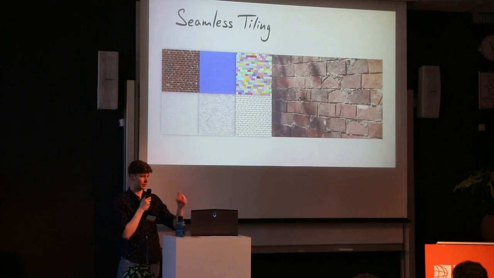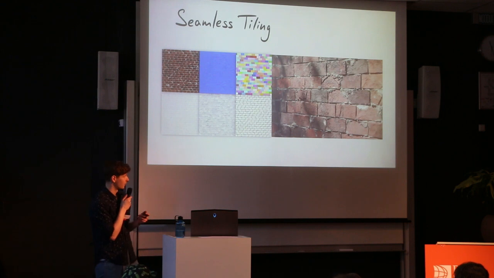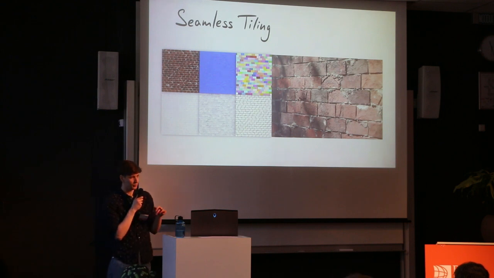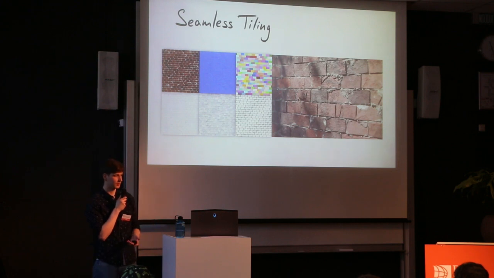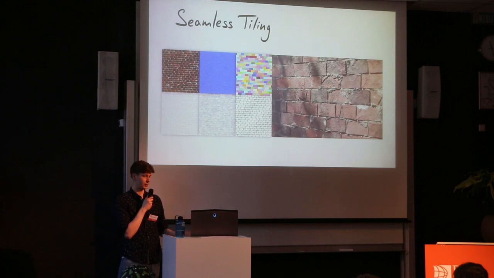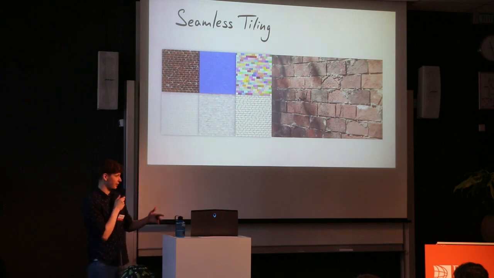There's two methods that you have to use there. Basically, if you're creating a pattern like the bricks that I'm showing here, which are also procedural in Blender, you have to create the pattern seamlessly tiling by design. But if you're using a base texture like a noise texture, it has to bring that on its own.